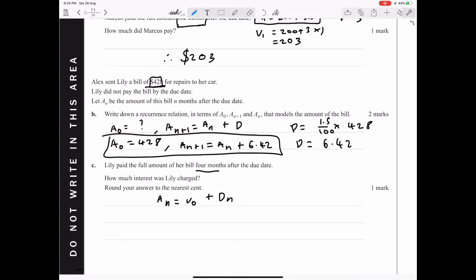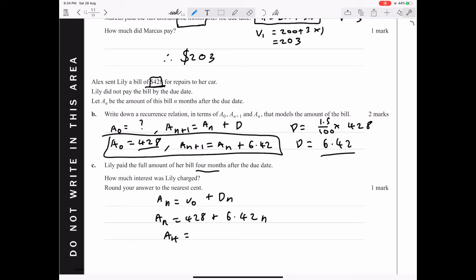We know the value of V0 is 428 and D is 6.42 from our previous question. So AN equals 428 plus 6.42 times N.